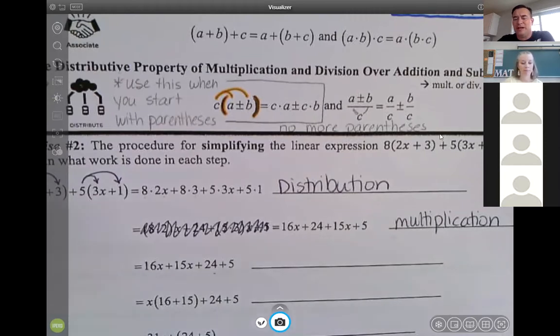Ooh, somebody wrote something down. I saw distribute. I saw addition. There is addition, but I want you to think, how did things change from the one before to this one? What actually changed as we were looking at this? Did they get rid of parentheses? Did they combine anything? What did they do?